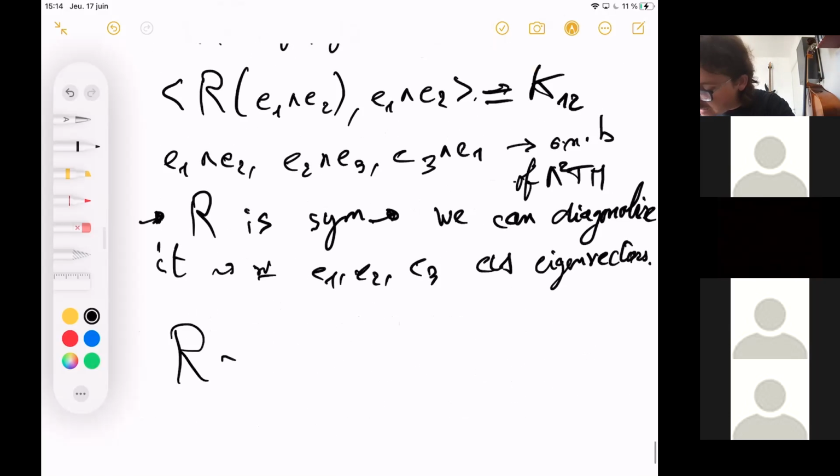And so R can be written in the following form.